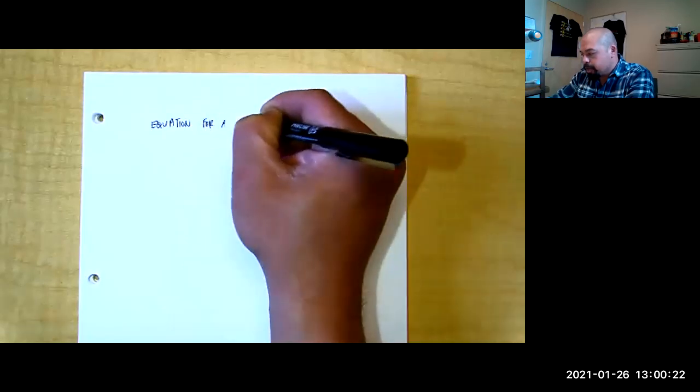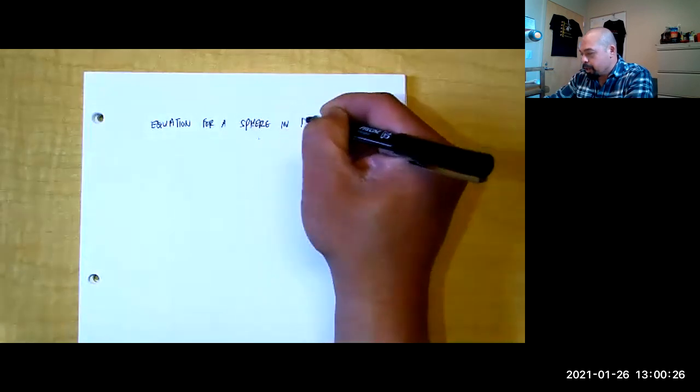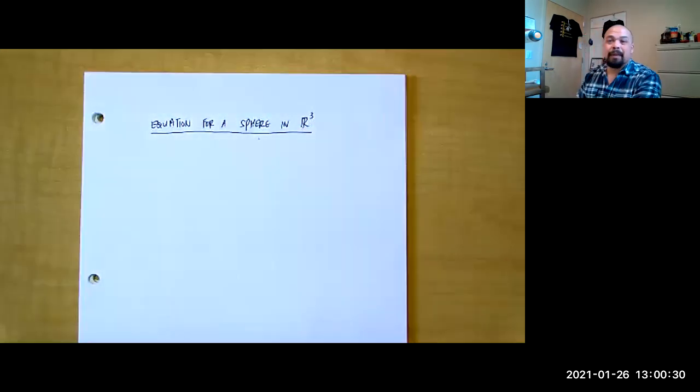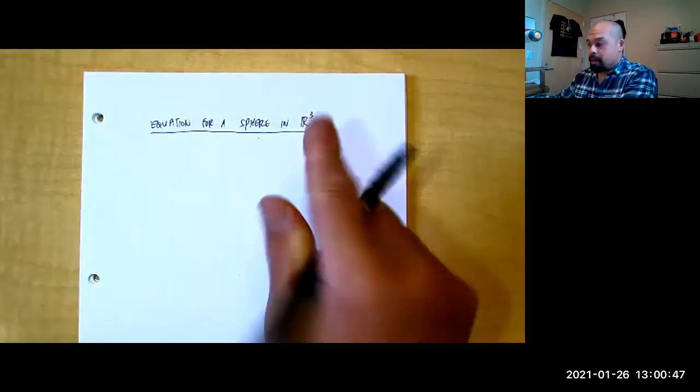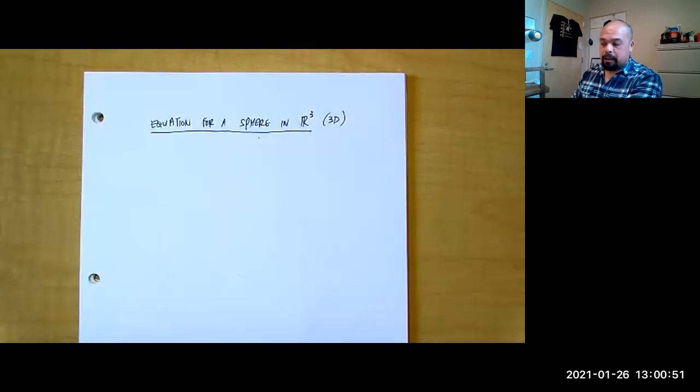Okay? So a little out of order, but let's think about this equation for a sphere in R3. Right? We talked about it just a moment ago, the equation for a circle, x squared plus y squared equals r squared, right? Or more generically, x minus h squared plus y minus k squared equals that r squared, right? So if we just imagine expanding that, now that we have 3 dimensions, we have to incorporate that z.